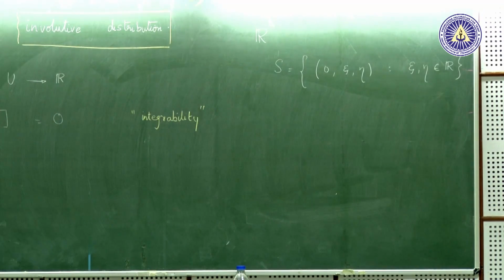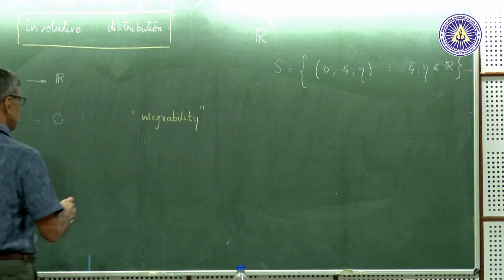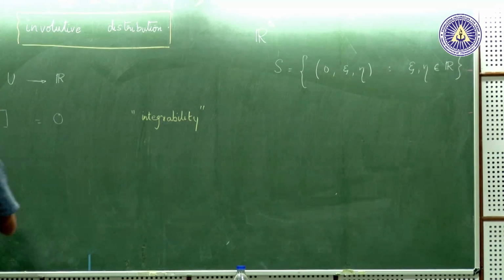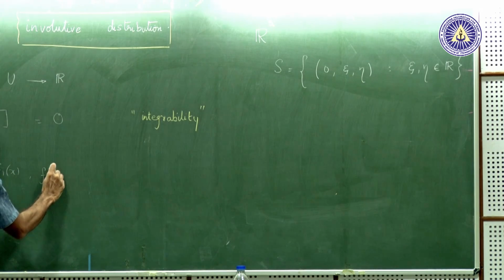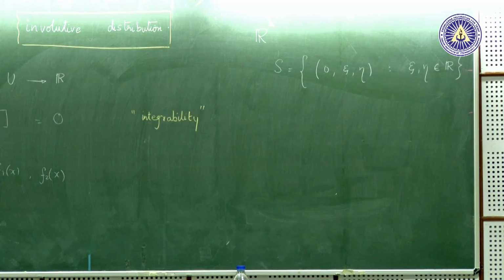Now, you have a similar notion of subspaces which is extended to vector fields in the following sense. Suppose, again everything I am considering in a region U, you have two vector fields f1(x) and f2(x). Each of these at any x is an n by 1 vector.